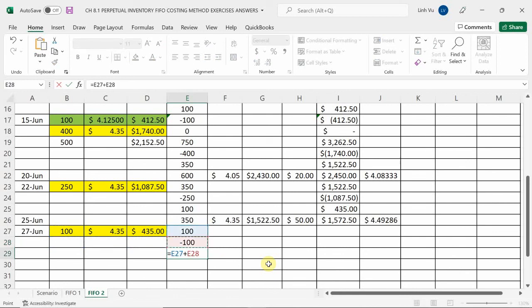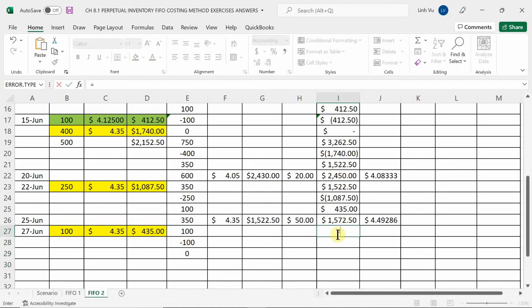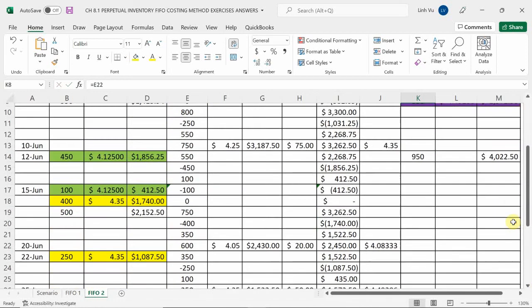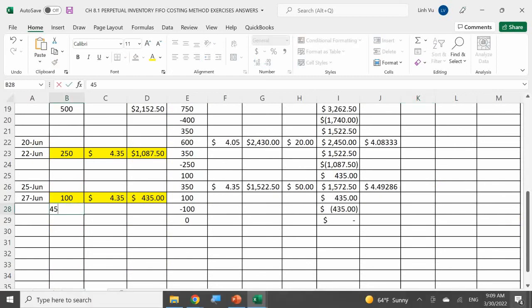So therefore, I should have 0. Right? 435 minus 435 should give me 0. Okay. So I can go ahead and get rid of my yellow batch here. How many more do I need to sell to get to 550? 450. We need to sell 450 more, right, to get to 550.